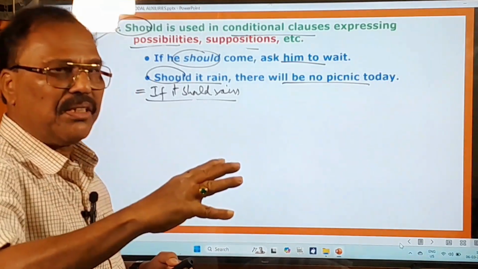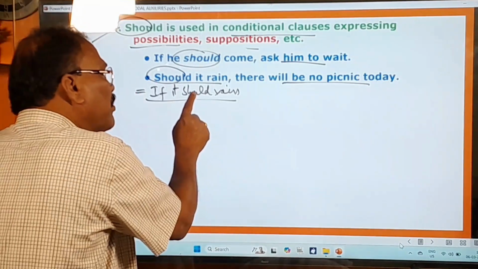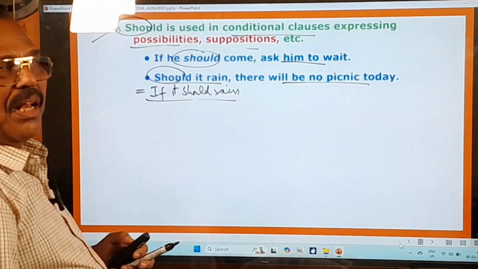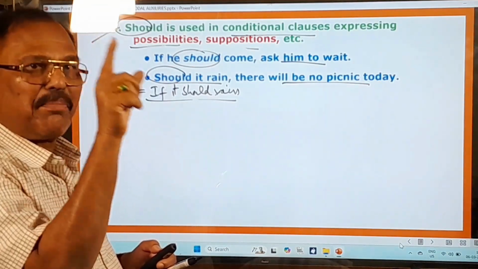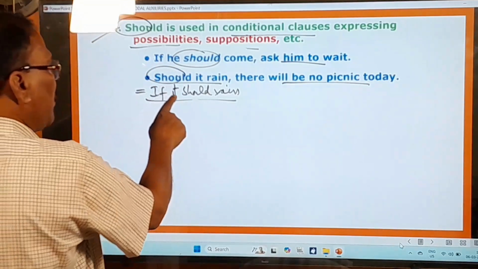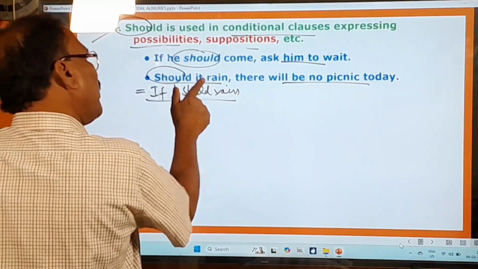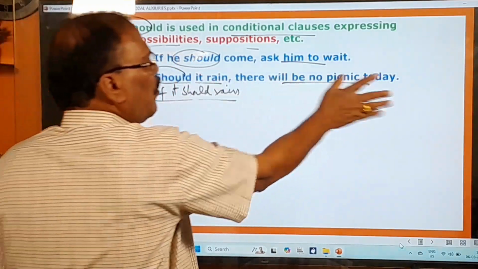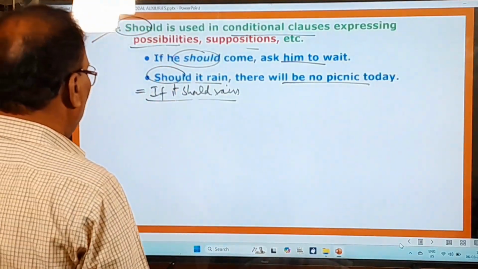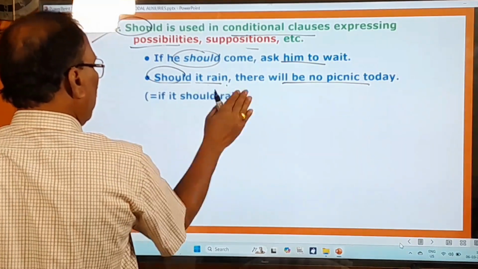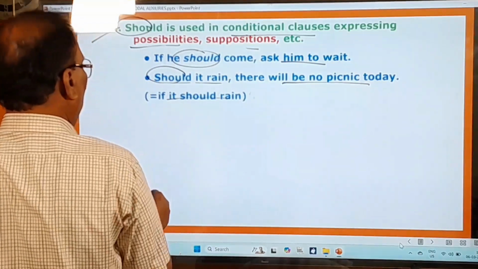Whenever you use should, this kind of meaning you have to take from that. అలా చెప్పాల్సి వచ్చినప్పుడు should తోనే చెప్పడం కుదురుతుంది. If it should rain, you can directly say should it rain, there will be no picnic today. That is that. So I have also given you the example. If it should rain, right? And you go to the next one.